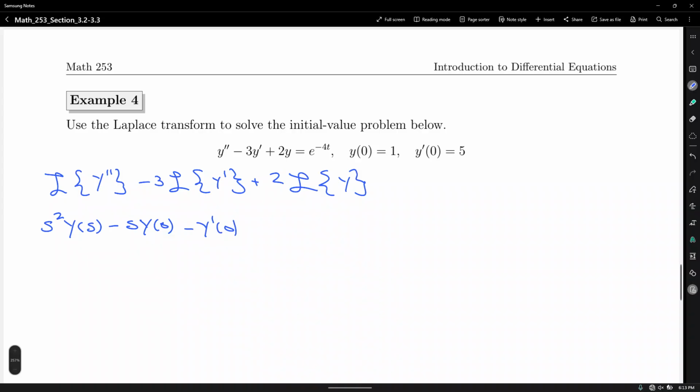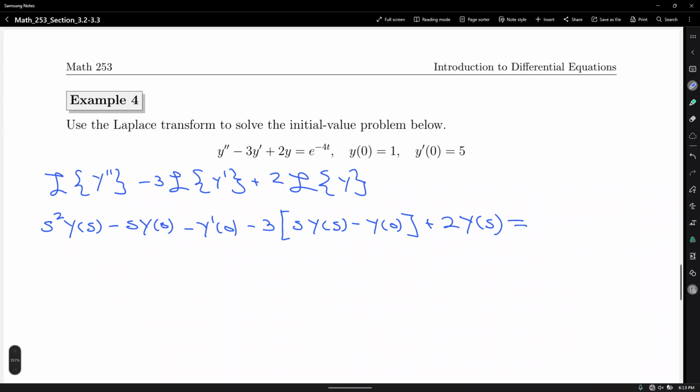Minus 3 times the transform of the derivative, which is s y of s minus y of 0, okay? Plus 2 times the transform of y, which is simply y of s.